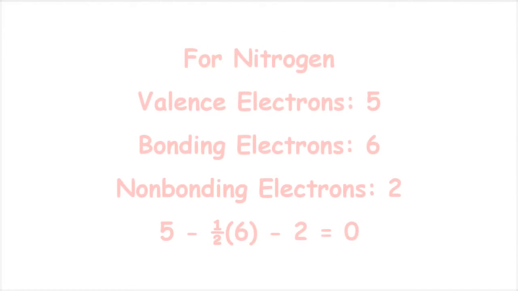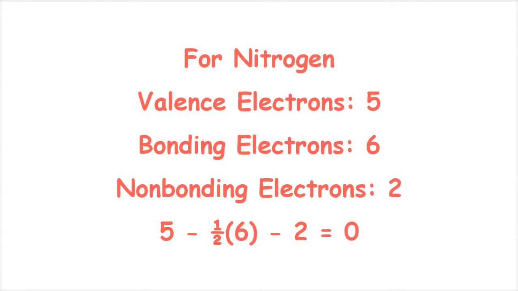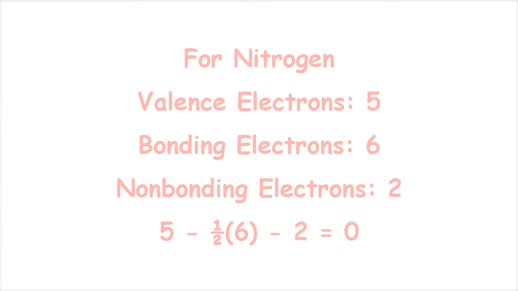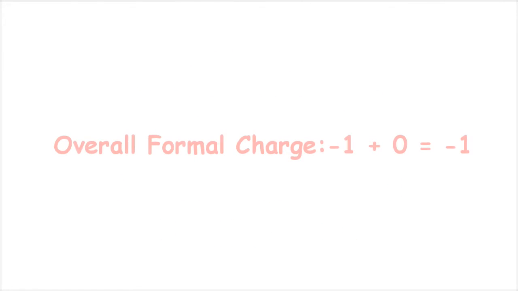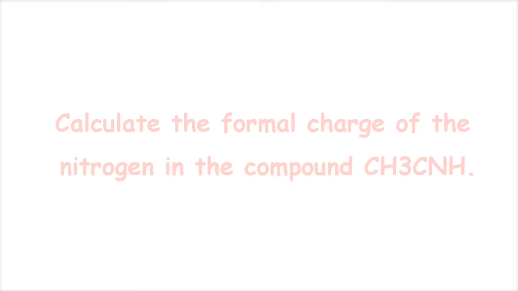On the other hand, N has 5 valence electrons, 6 electrons on the triple bond as well, and 2 non-bonding electrons. Thus, the formal charge of N is 5 minus 1/2 times 6 minus 2, which equals 0. We can then take the overall formal charge of the ion by adding the two formal charges, which is -1.